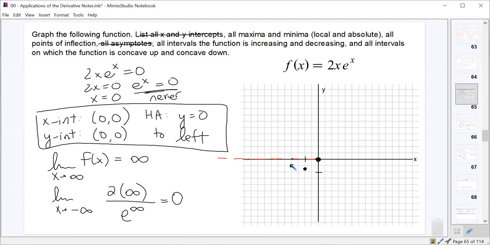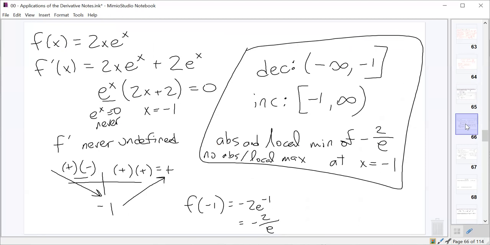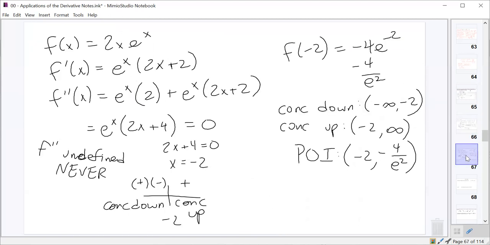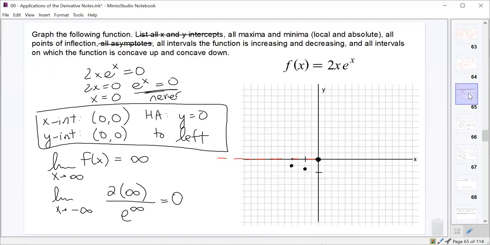And if we try to sketch this, we know that it should be decreasing until I hit x equals -1. That's what our sign chart said. But that we are concave down at first, and then concave up after. And that we need to approach our asymptote. So we're going to be concave down, then concave up from -2 to -1.